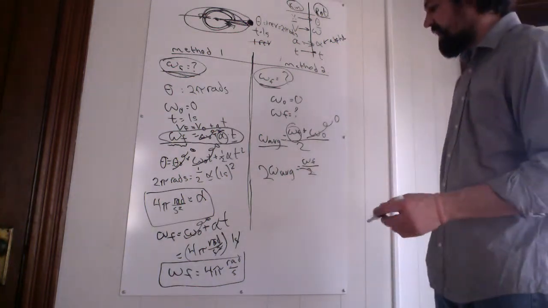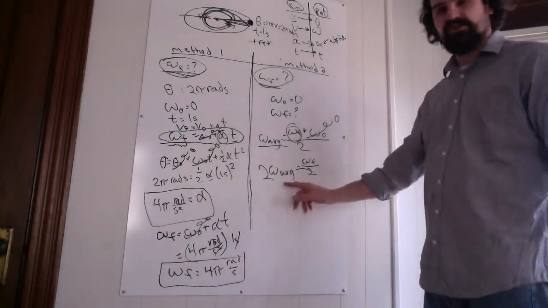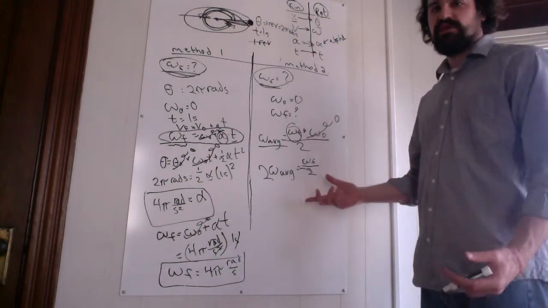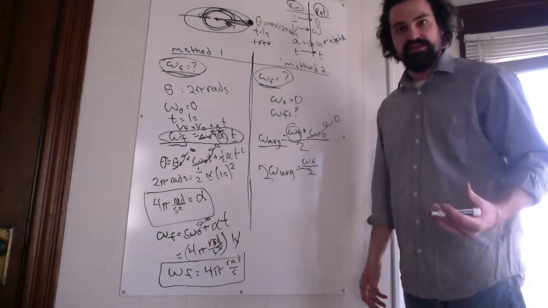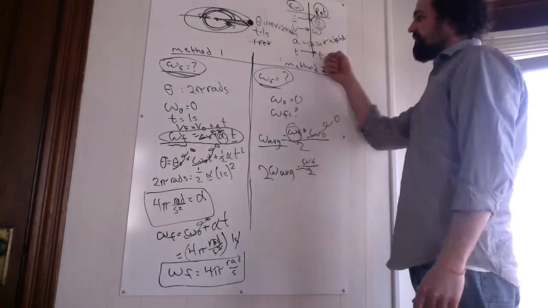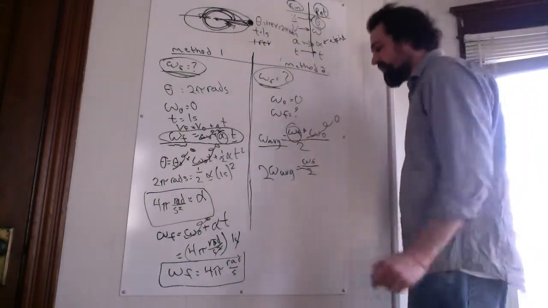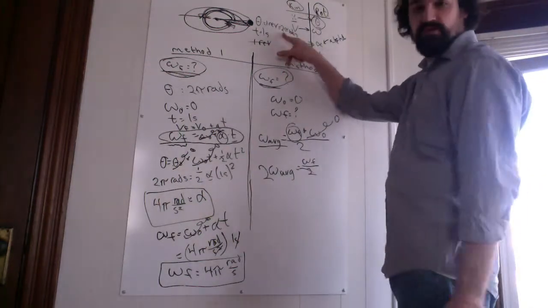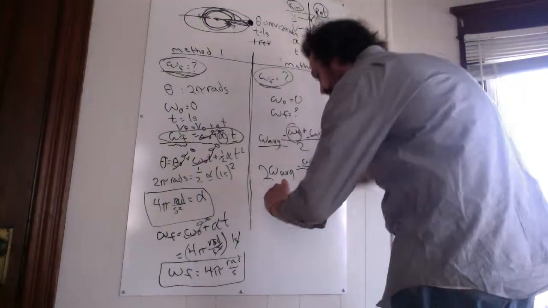So then we plug this back in, but we don't know the average angular velocity. But it's very simple. It's just distance divided by time, or, in this case, theta divided by t. And we know that theta, we already said, was equal to 1 revolution, or 2 pi radians.